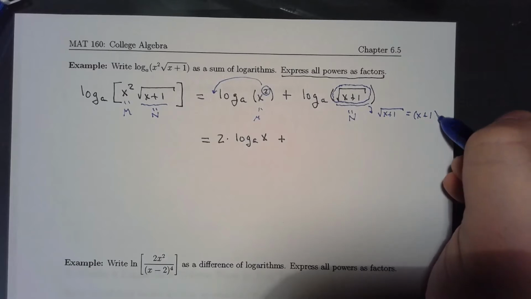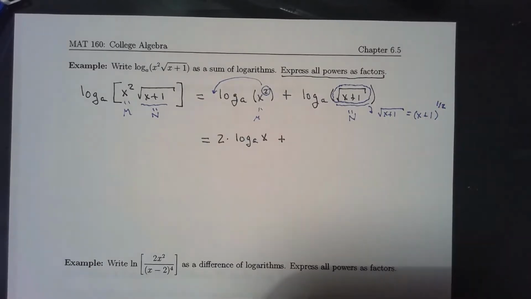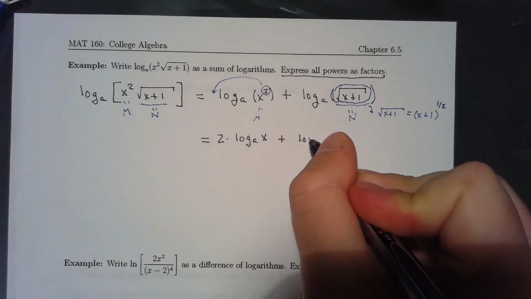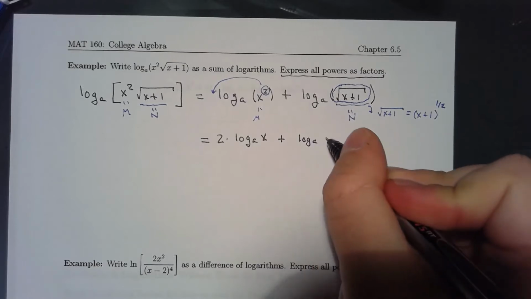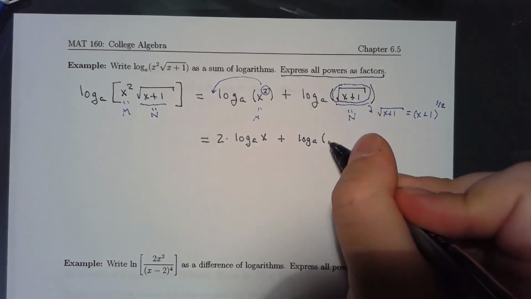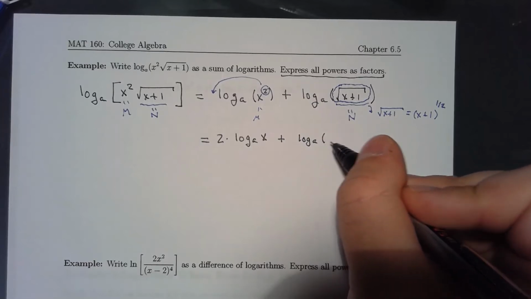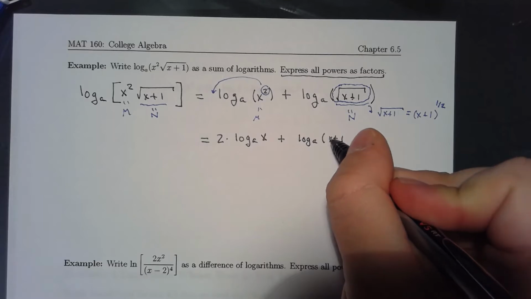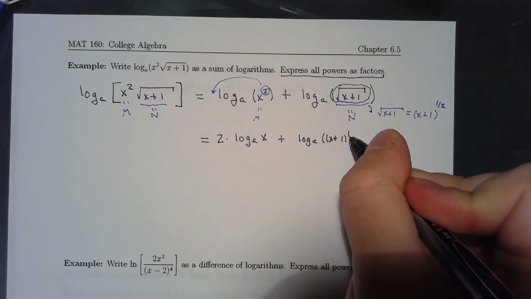You could write a radical as a fractional power. That's to the 1/2 power. So if I have log base a of the square root of x plus 1, I could think of this as log base a of x plus 1 to the 1/2 power.